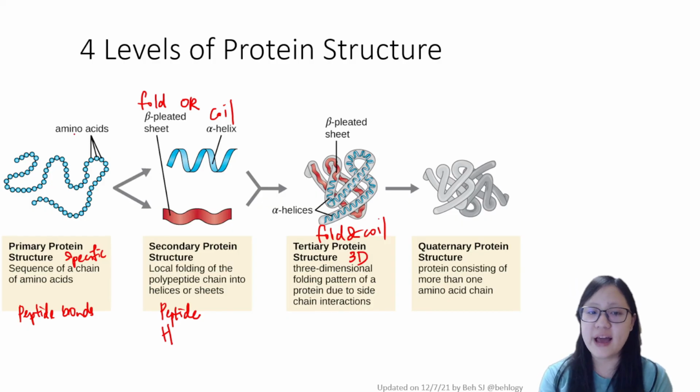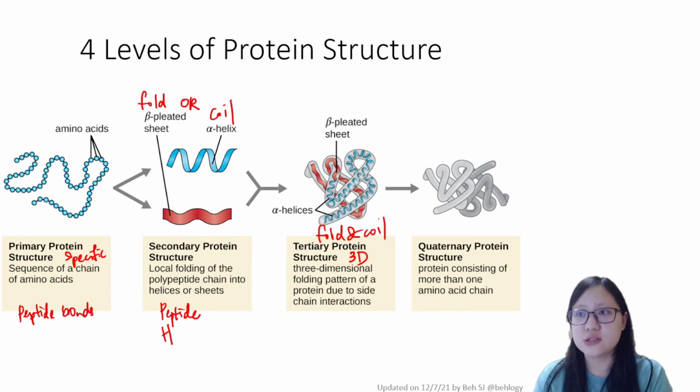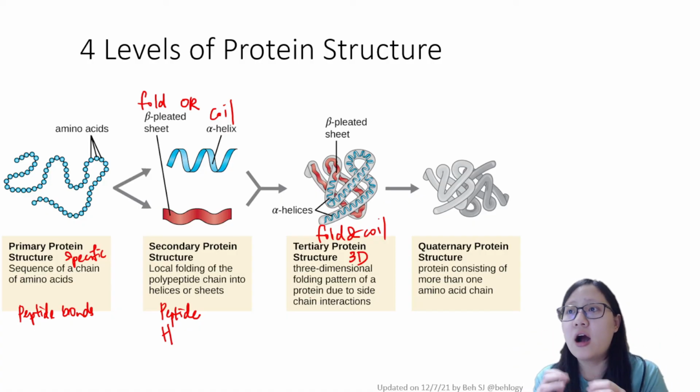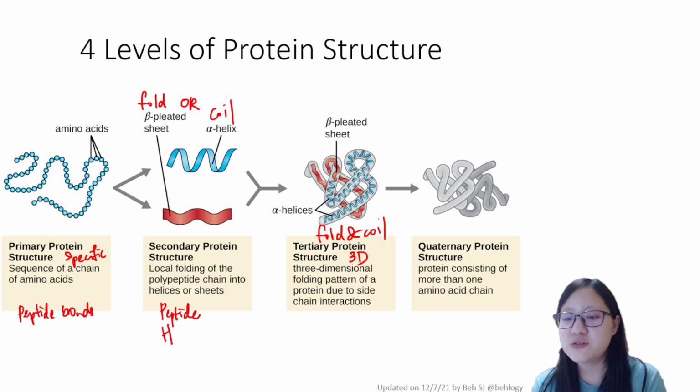Like the amino acids from the primary structure, since they're in a specific sequence, there are different R groups which can interact differently. These side chain, these R group interactions will result in a specific 3D pattern.